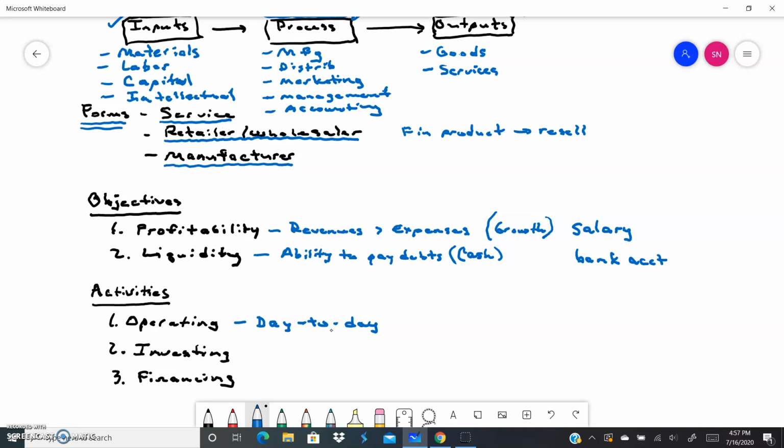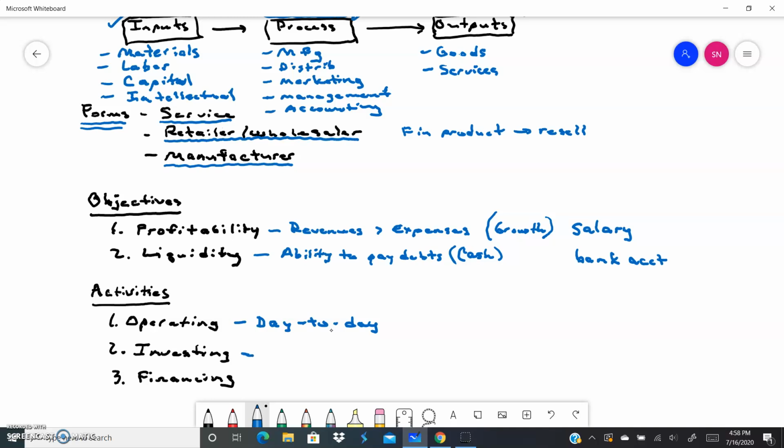To be able to then account for and be able to pay your employees. So all of those things, marketing, the management, the manufacturing, the distribution, all of that done on a day-to-day basis would be the operating activities.